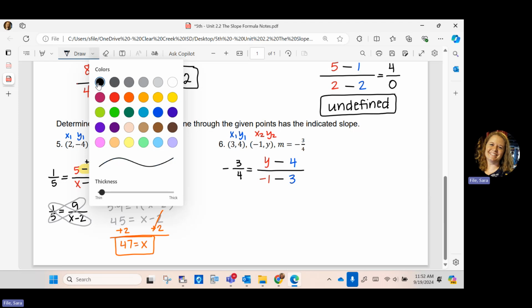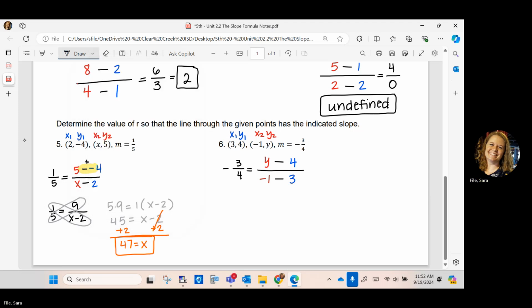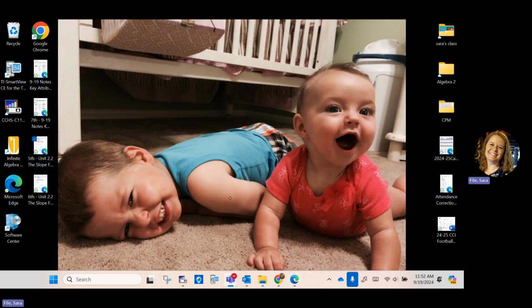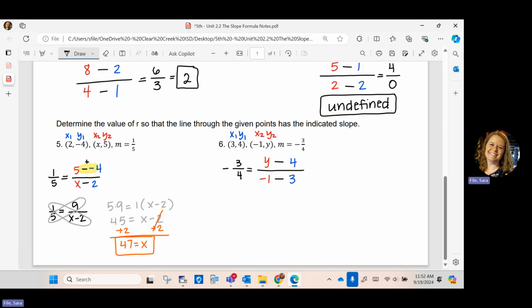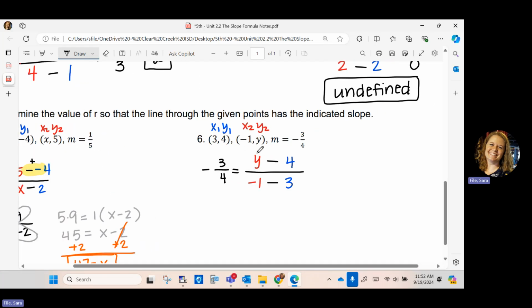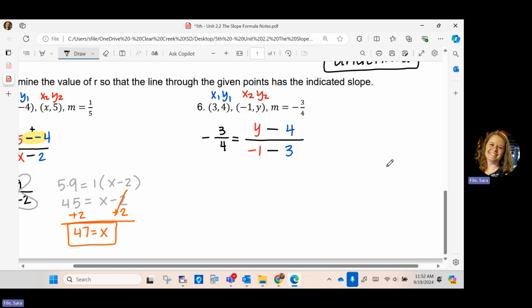So when I go to simplify this, the negative for the 3/4 can go on top or bottom. It does not matter if that negative is on top or bottom. So I'm just going to put it on top. And then -1 minus 3 is -4.